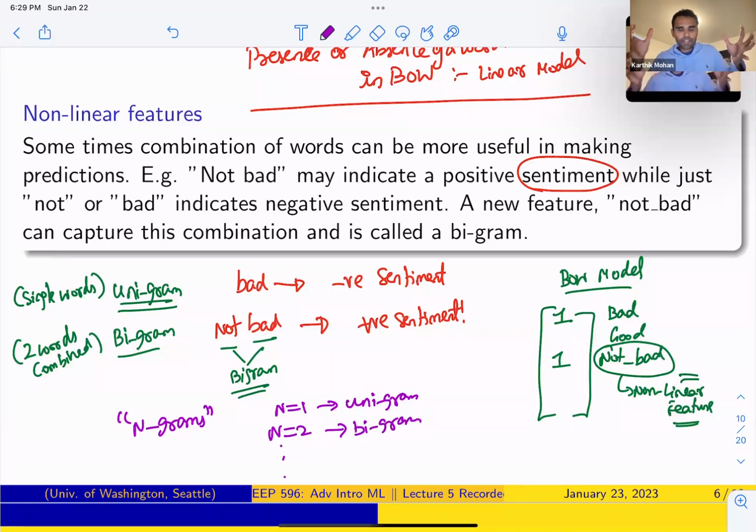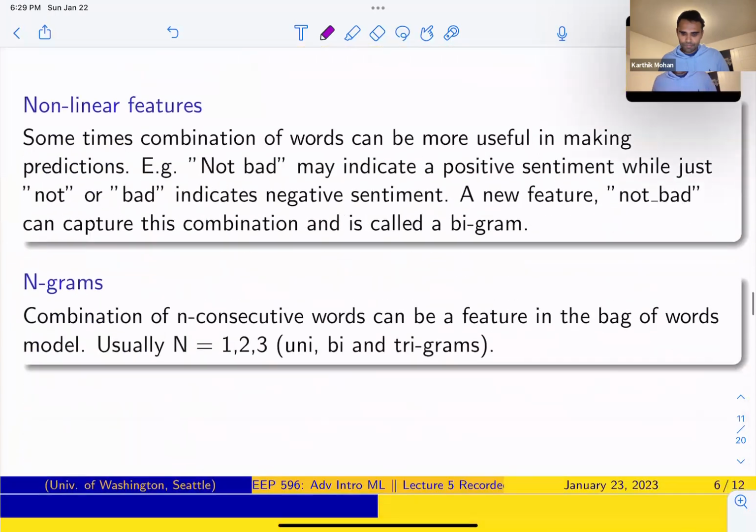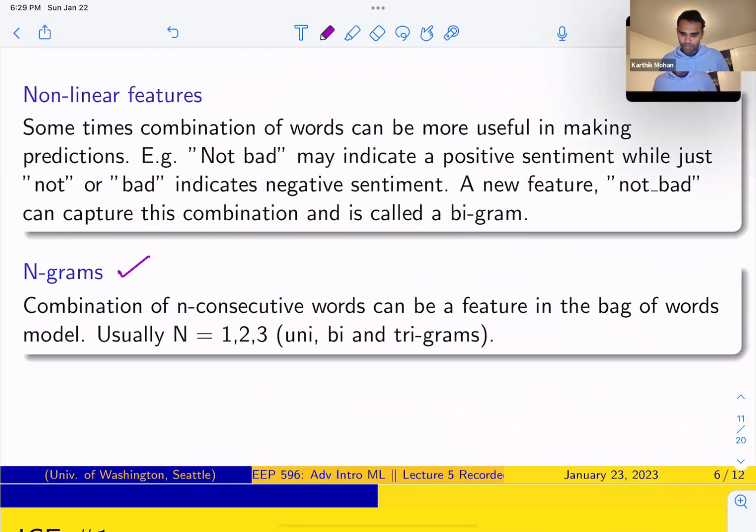So then you're looking at a combination of words showing up in exactly that order in a sentence, and the presence or absence of an n-gram, right? So you're not just looking at the presence or absence of one word, but the presence or absence of a set of words in a specific order that gives you some meaning or interpretation for a prediction like sentiment classification. All right. So we spoke about n-grams.